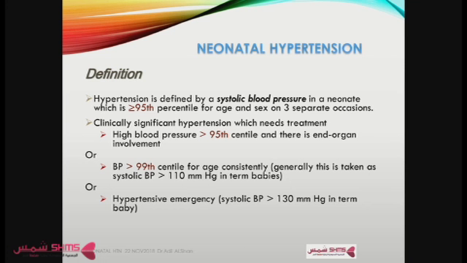Definition, unfortunately, is not like in adults, based on complications and outcome of hypertension. Actually, it is a statistical value rather than outcome. Hypertension is defined as systolic blood pressure equal to or more than the 95th percentile for age and sex on 3 separate occasions, separated by at least 2 minutes, as we will see in a while.